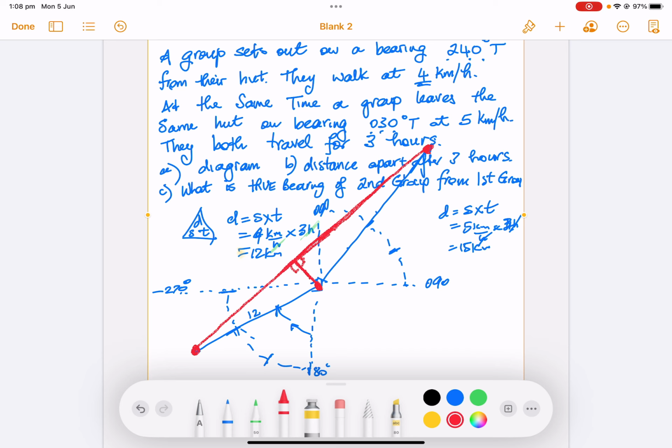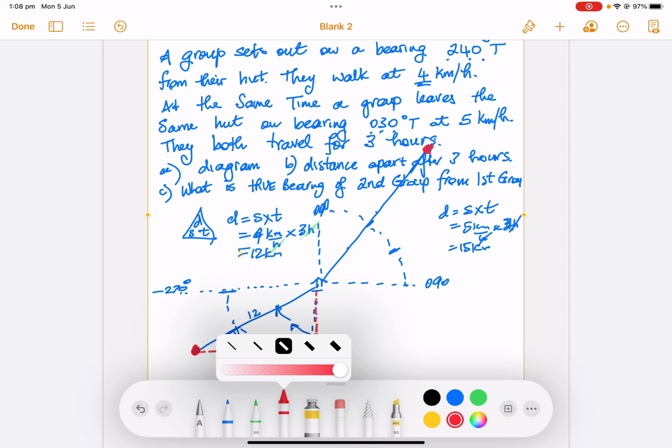Can I back arrow? Can I make 2 triangles like this? Can I make that triangle? Can I change the color? I wish I could change the color. Oh yeah, I can.